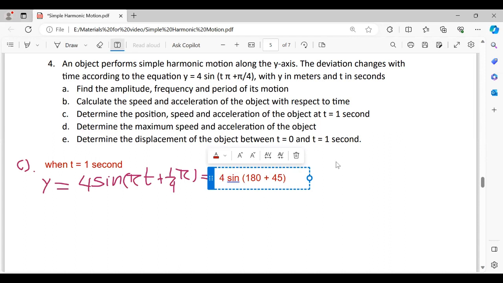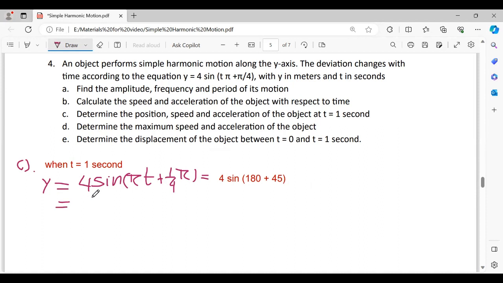Why 45? Because 180 divided by 4 equals 45. So it means 4 sine 225, and sine 225 is minus half square root 2.